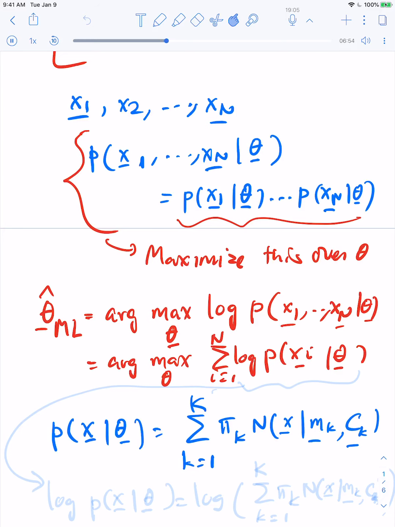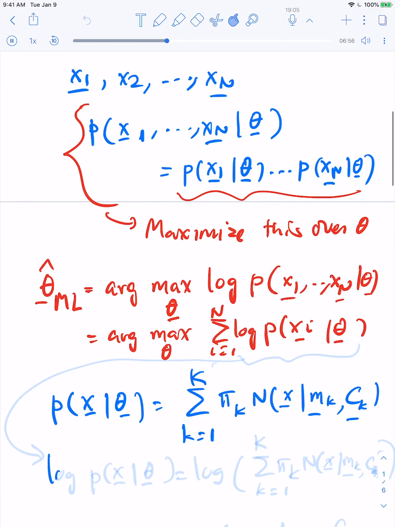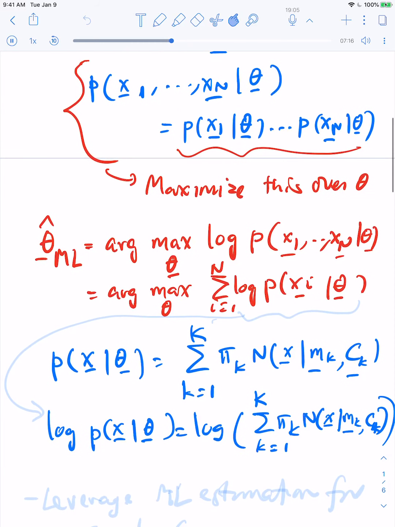And when I take the log of that, it's a log of the sum, pi k N of x parameterized by m k, C k, right? So the log of a sum is not particularly nice. Nothing really good is going to come of it.